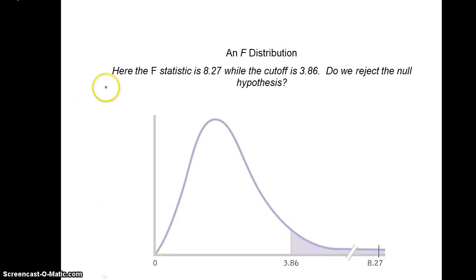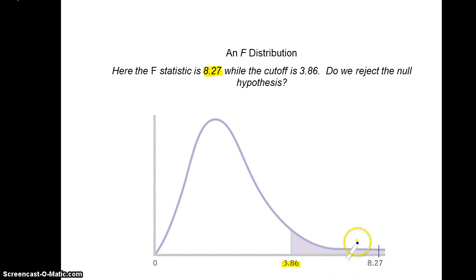So if we wanted to look at this F statistic and make a decision, we know that it's 8.27 right here. And we looked up on our F table that the cutoff is 3.86. Do we reject the null hypothesis? Well, here's 3.86.